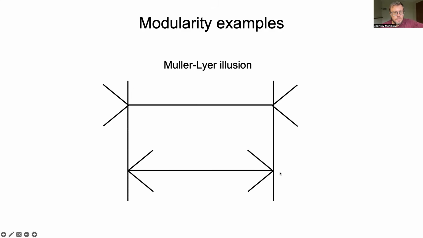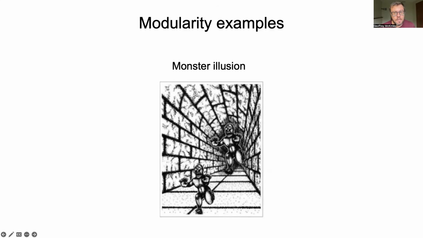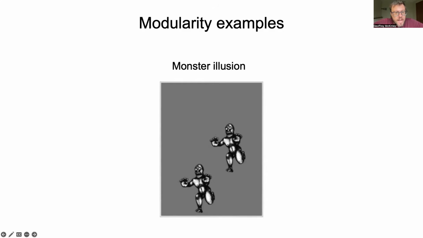Here's another one. It's called the monster illusion. If you look at this, you'll probably perceive the farther away monster as being larger than the closer monster, right? Well, I can get rid of the background and you can see that now the two monsters are the same size.